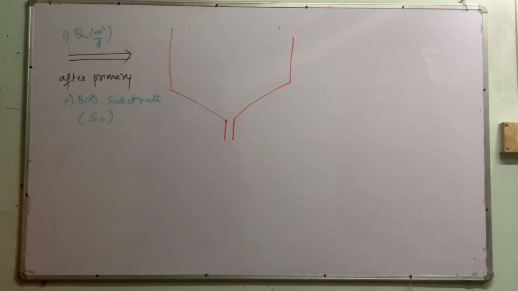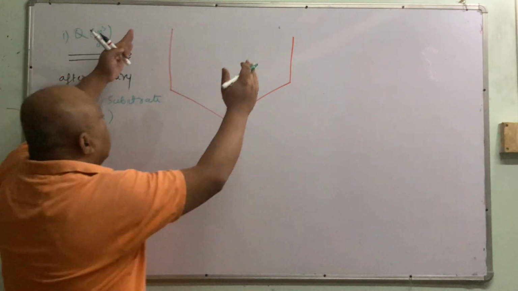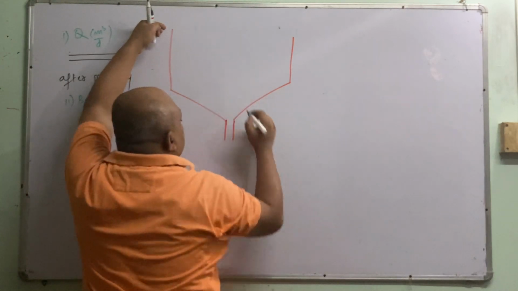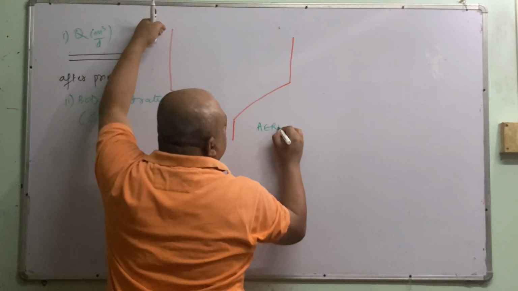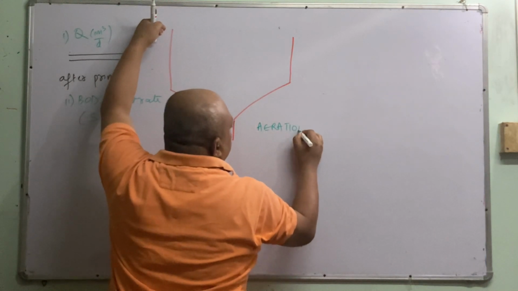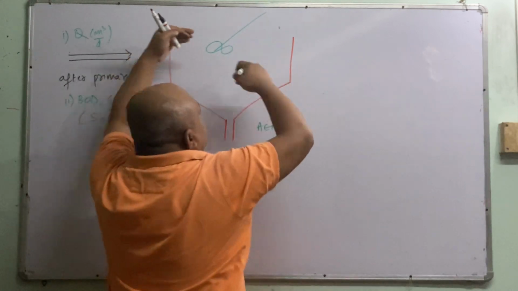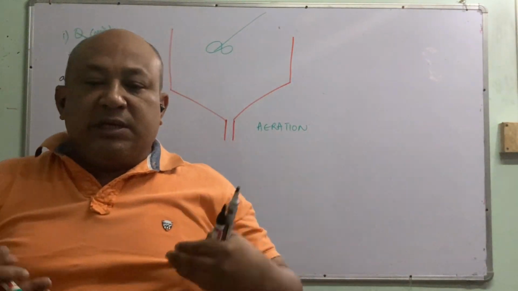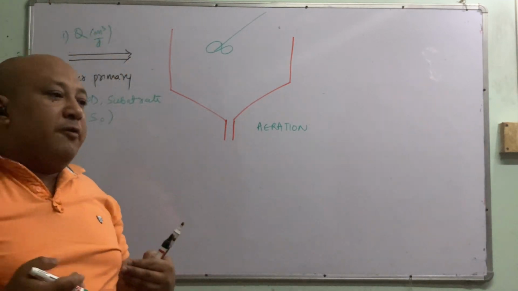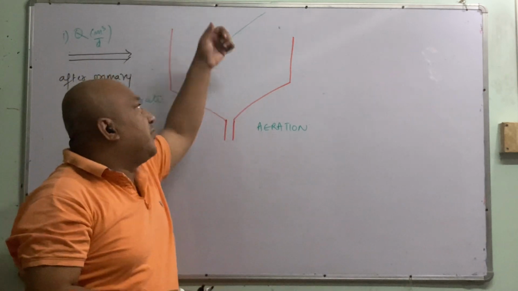Now, after it enters, this is called the aeration box. Aeration means some aeration is going to be there. It's going to stir, so by stirring it, it's going to make the water turbulent. Therefore, it is going to enhance the surface area and the atmospheric oxygen.